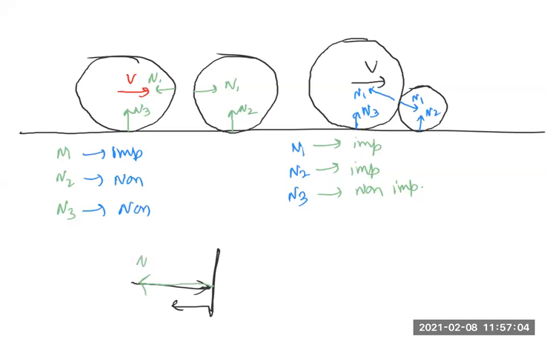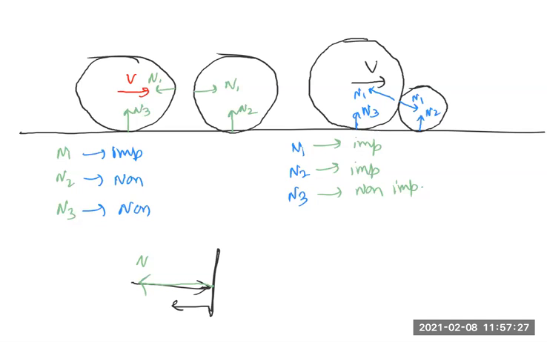And this is impulsive. And because of this impulsive force, the ball acquires a velocity in this direction. So the impulsive force has this quality of imparting a sudden velocity in the direction in which it is acting.